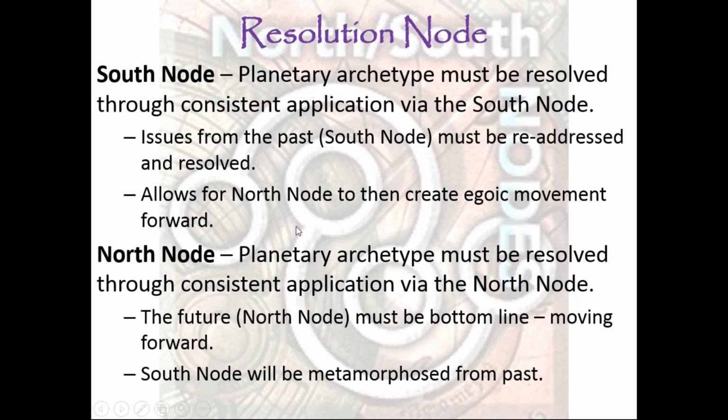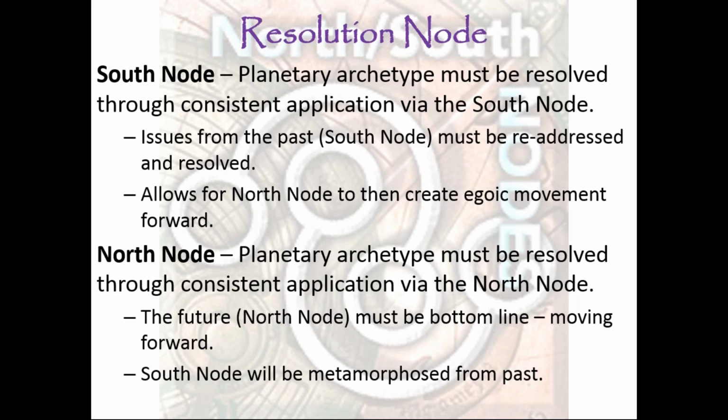When the north node is the resolution node, it means whatever planet or planets are square the nodes must be resolved through consistent application via the north node. Then this means the future becomes the bottom line.